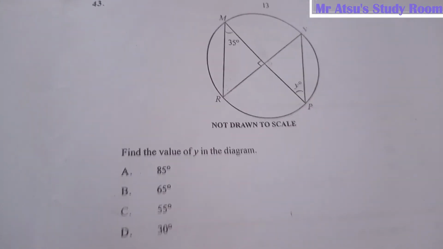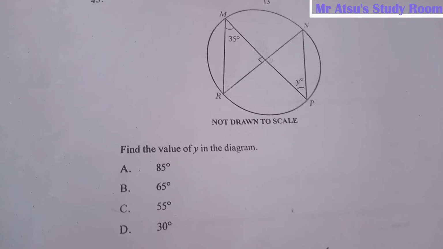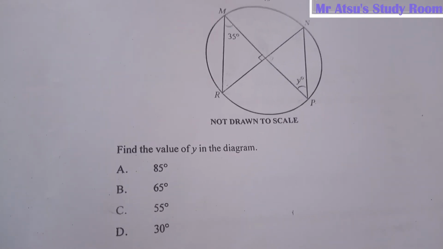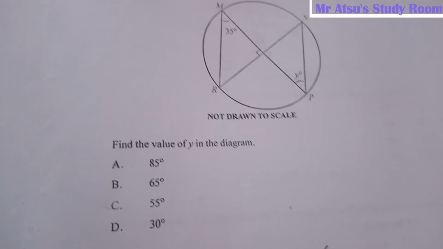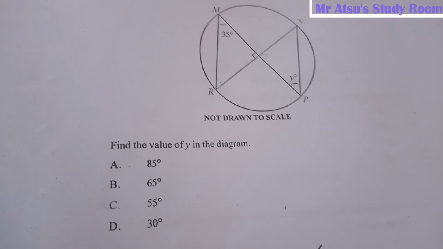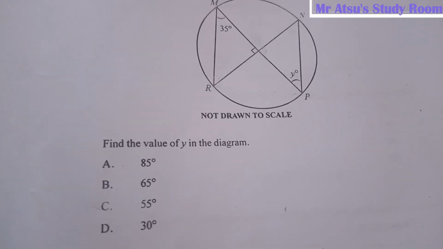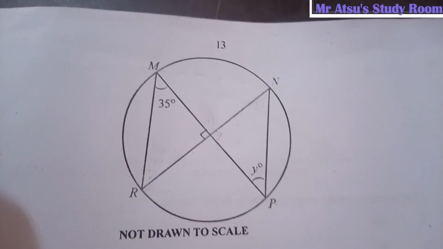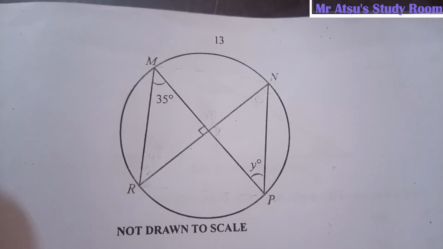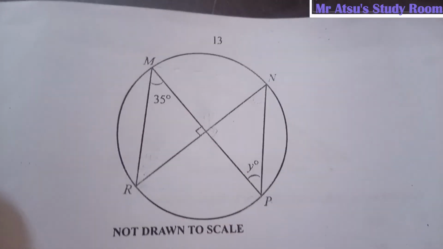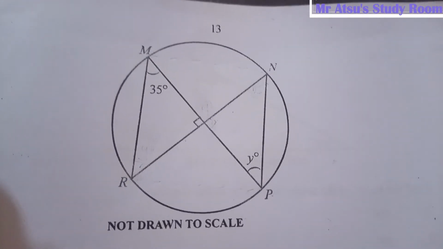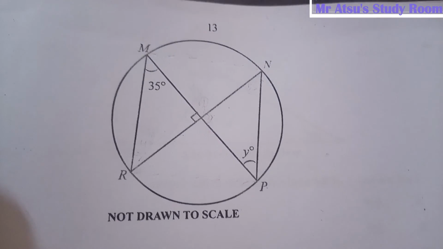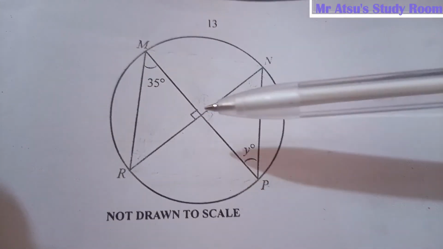So the next question is question 43 of the same paper, WASSCE 2019. And this one, they didn't tell us anything. They just said find the value of Y in the diagram above. There are so many things we can think about here. Let's note that they didn't give us the center of the circle. So we don't assume that this is the center of the circle.